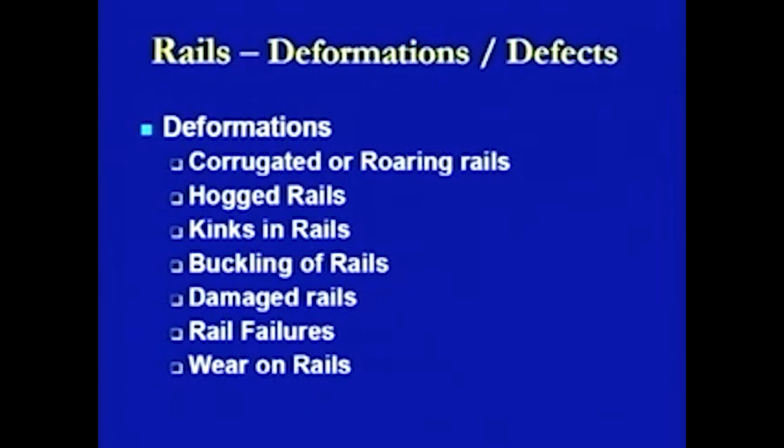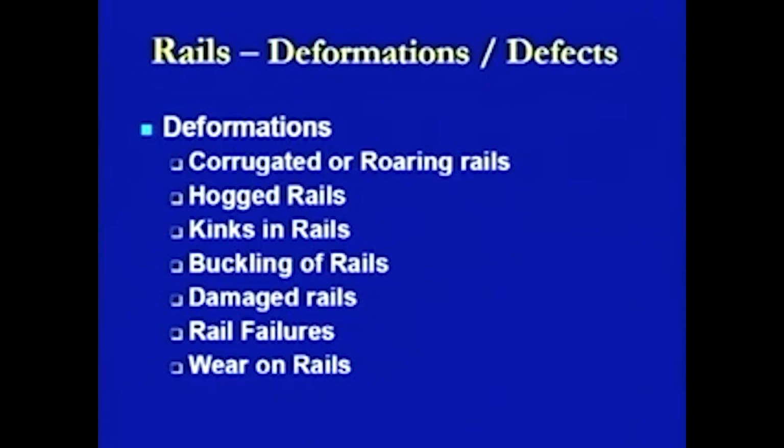What we found is that at certain locations the material has come out in the form of very small or minute chipping, and that is how that irregularity has been created, or there is a wavy pattern created at the top surface of the rail section, and this is the corrugation.